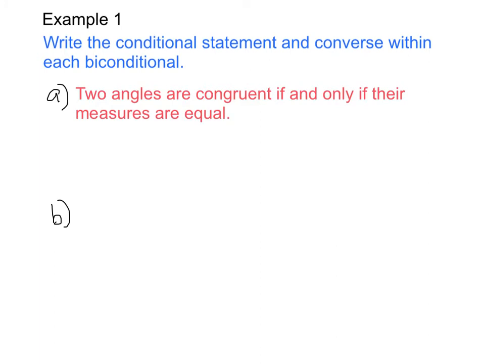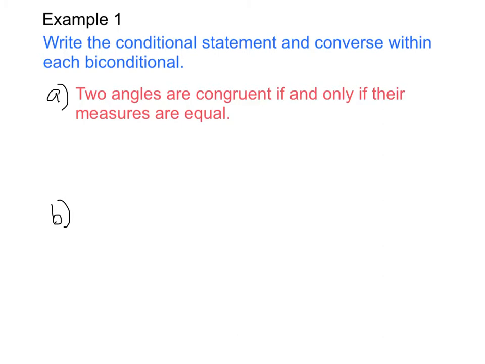So let's look at our first example. I want you to write the conditional statement and its converse within each biconditional. So in A, we have the biconditional statement, two angles are congruent if and only if their measures are equal. So let's write our two statements.